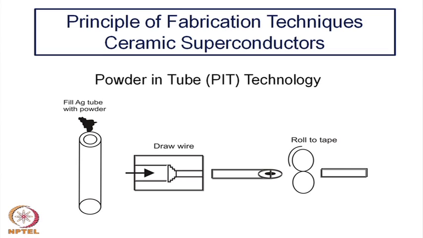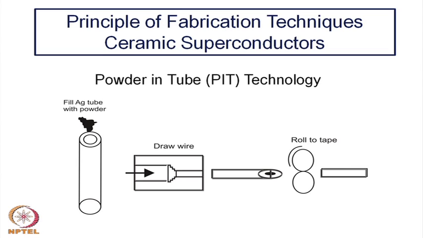We take advantage of the flexibility or the plasticity of a particular metal, in this case, silver. Silver is chemically quite compatible with most of the cuprate materials, and at the same time it has the right kind of softness as well as plasticity.